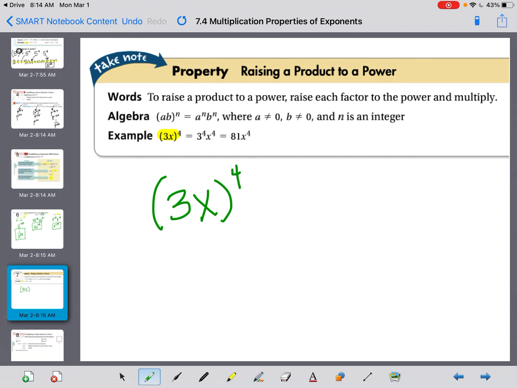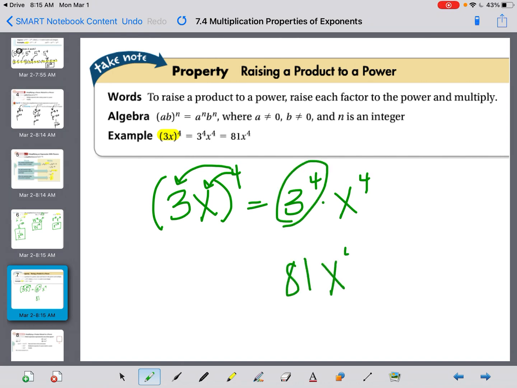So 3x on the inside with an exponent of 4 means that this exponent of 4 goes with the 3 and with the x. So it'll be 3 to the 4th times x to the 4th. Then I can keep simplifying by figuring out that 3 to the 4th is actually 81, and then we still have x to the 4th. And that's as simple as we can get it.